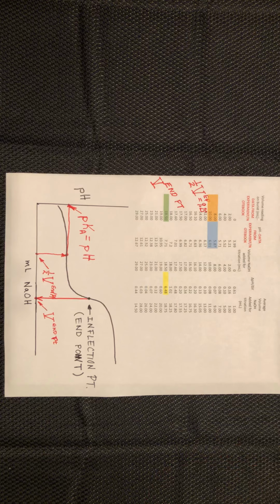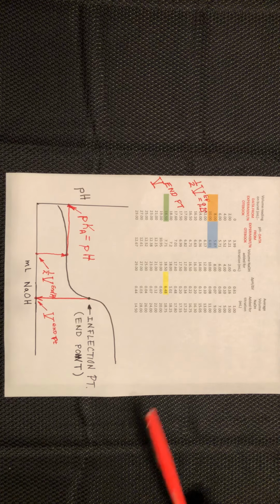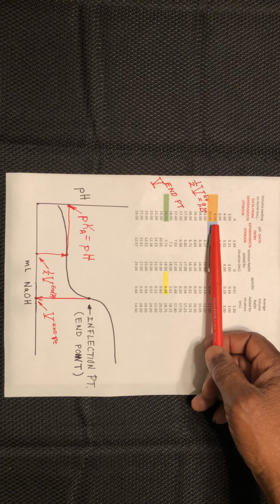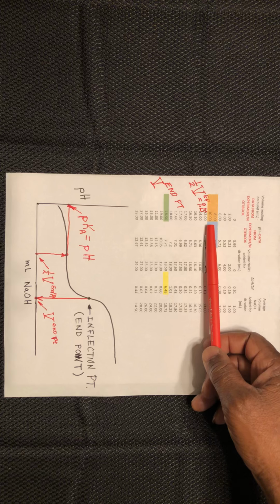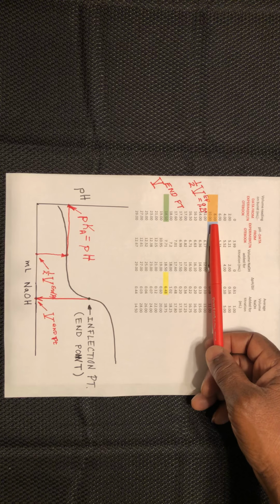And the way we do that with this example is straightforward. So 9.25 is right in the middle, between 8 and 10. Okay, it's approximately right in the middle.